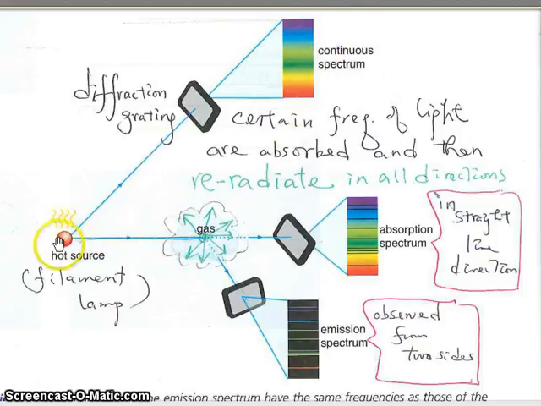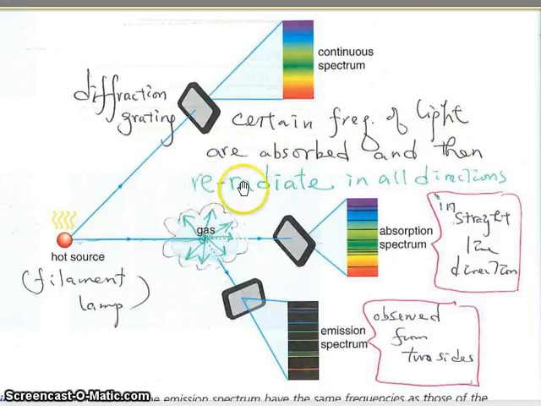However, when the light first passes through cold gas, the cold gas molecules in the middle will absorb some of the light energy. So certain frequencies of light are absorbed, and then they are irradiated. The molecules absorb the energy, and then they irradiate the energy in all directions without keeping it.